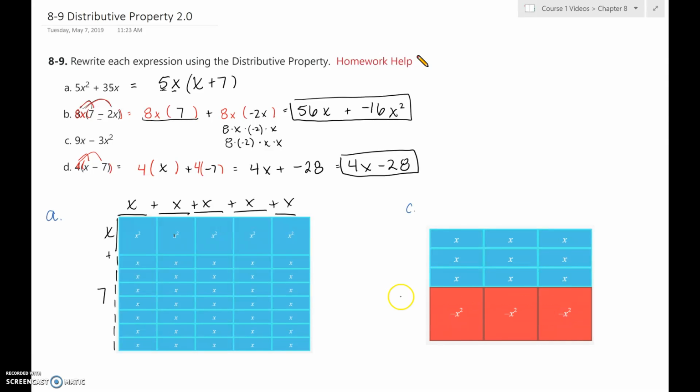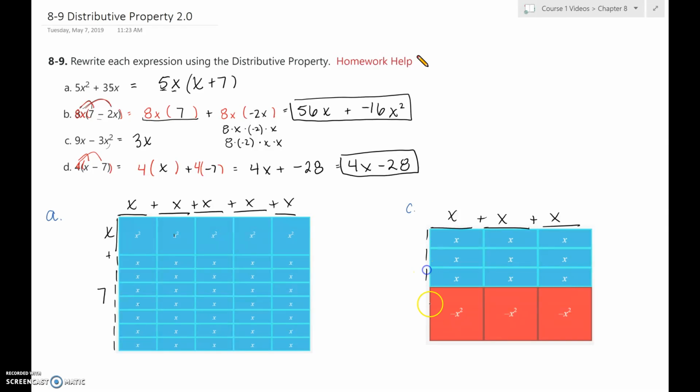So doing the same thing, I'm going to say, okay, what are the factors here? What are the two dimensions of these rectangles? What are the two factors that were multiplied to get this product here? So if I look, I've got x plus x plus x, so I've got 3x as one of my factors.